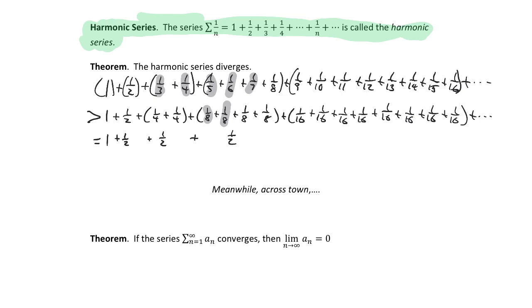And then these guys will all add up to 8/16, which is another 1/2. Now think about this. If you're tasked to start off with 1 and then add 1/2, and then add 1/2 again and again and again, will you ever stop? Of course not. You'll end up passing any positive number you want. This actually will go off to infinity.